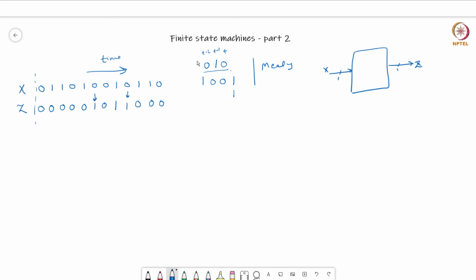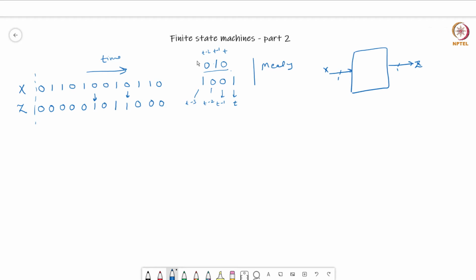Similarly, if we would like to match 1 0 0 1 at time t, then 1 should be there at t, 0 should be there at t minus 1, this 0 at t minus 2, and this at t minus 3. What is 1 here? 1 is the clock period.